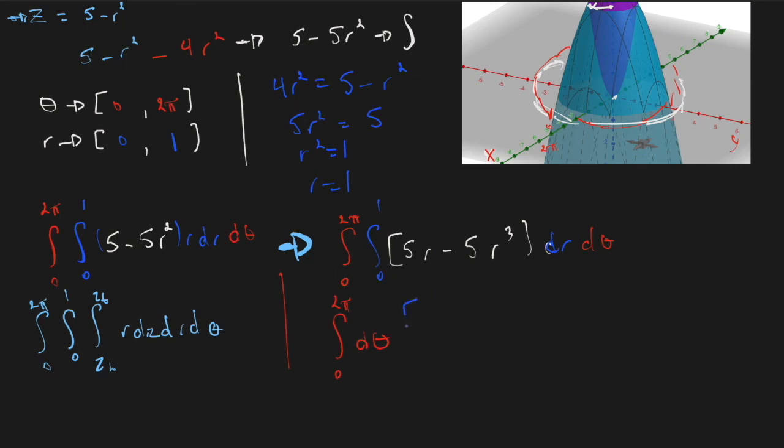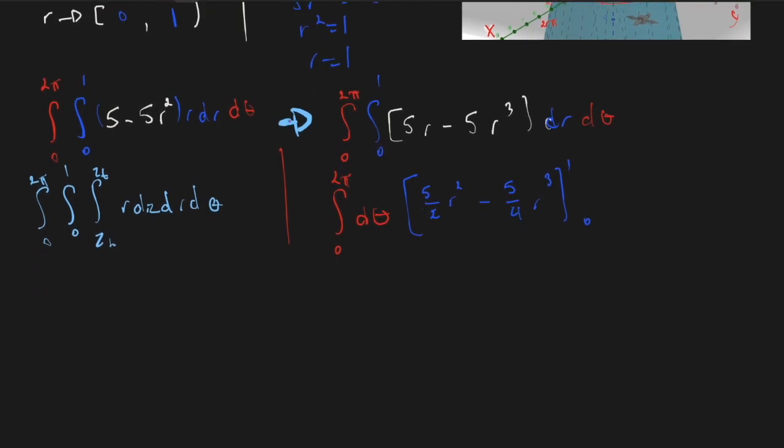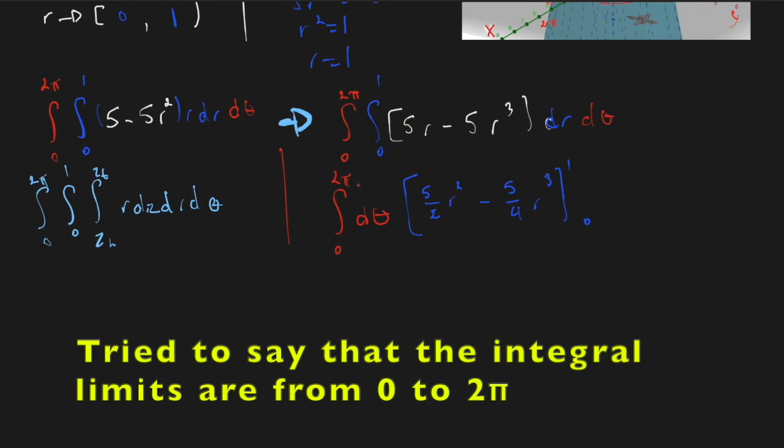Well, the integral of 5r is going to be 5 over 2 r squared, and then minus 5 over 4 r cubed, with limits going from 0 to 1. Now the integral of d theta is just theta, evaluated from 0 to 2 pi, so I'm going to move down here.